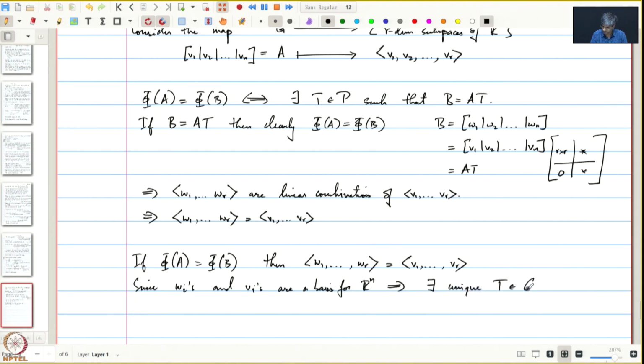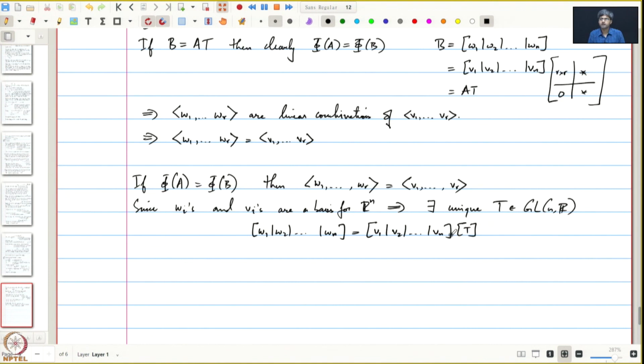We have a unique matrix T in GL_n(R), which can be obtained as follows. We write each W_i, so W1, W2, up to Wn, as a unique linear combination of the vectors V1 up to Vn.